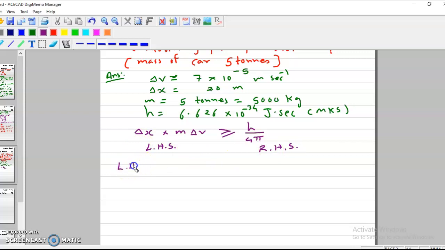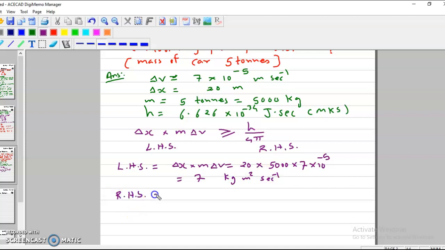So LHS is equal to delta x into m delta v, which is equal to 20 times 5000 times 7 times 10 to the power minus 5, and it is 7 kilogram meter square second inverse. Okay, this is LHS. Now RHS is equal to h upon 4 pi.